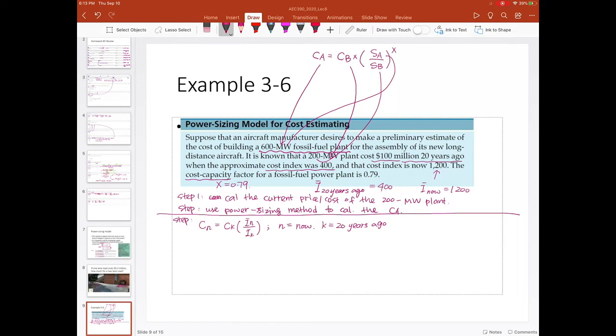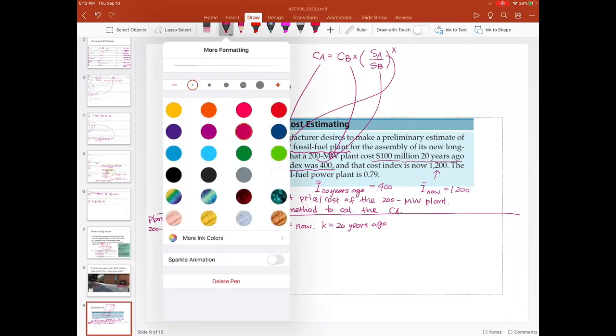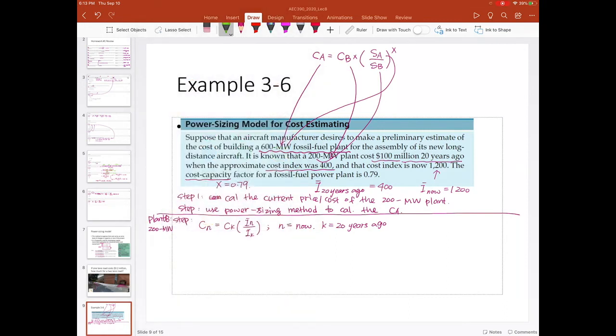And so the Cn is the C now, but we have to keep in mind all of this is about the plant B, which is the 200 MW plant, okay? So all of this price is for this smaller plant.